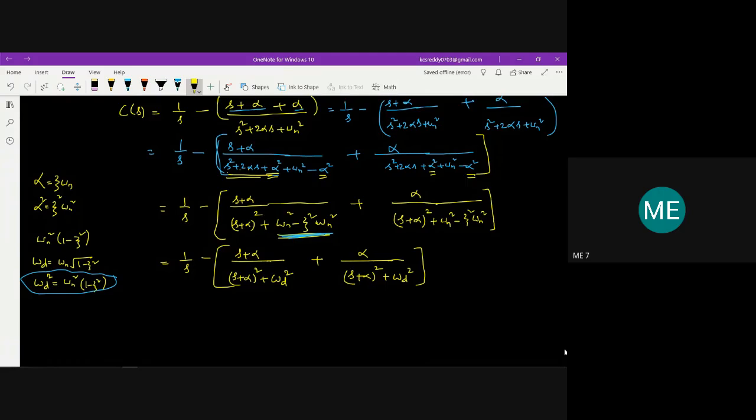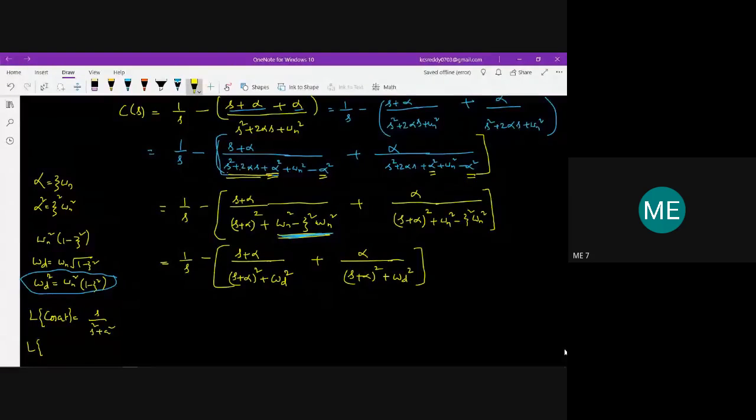So I brought it into the form of, okay, still I have not got into it, because see, for sin omega t or cos omega t: the Laplace transformation of cos at is s by s square plus a square.